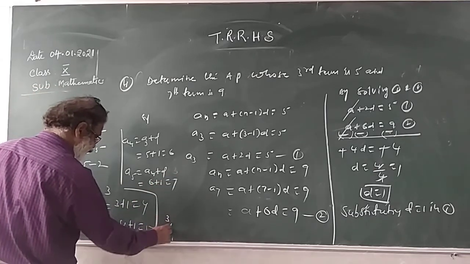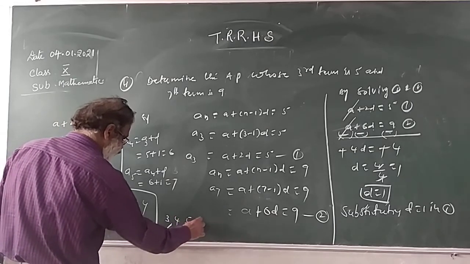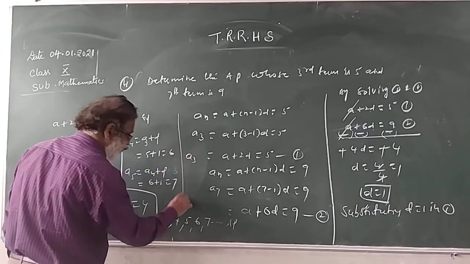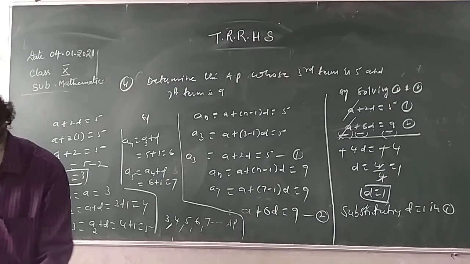The first term is 3, the second term is 4, then 5, 6, 7, and so on. This is the AP. I hope you clearly understood.